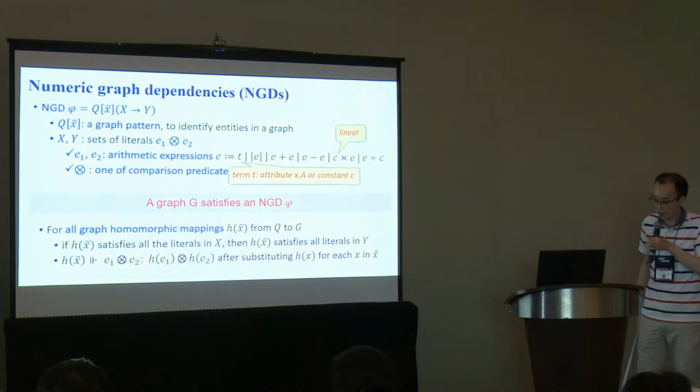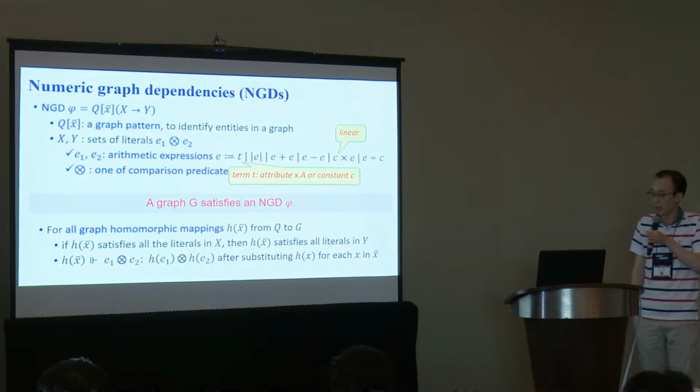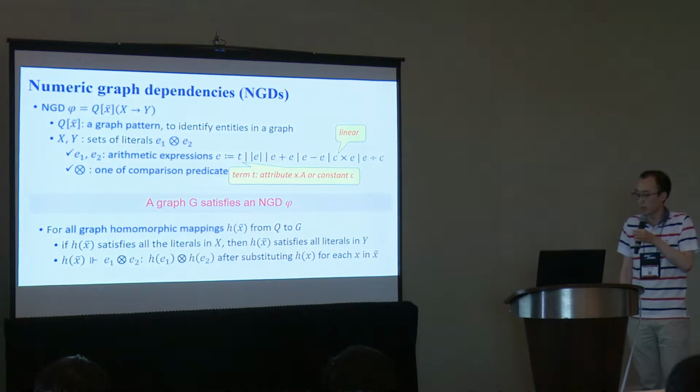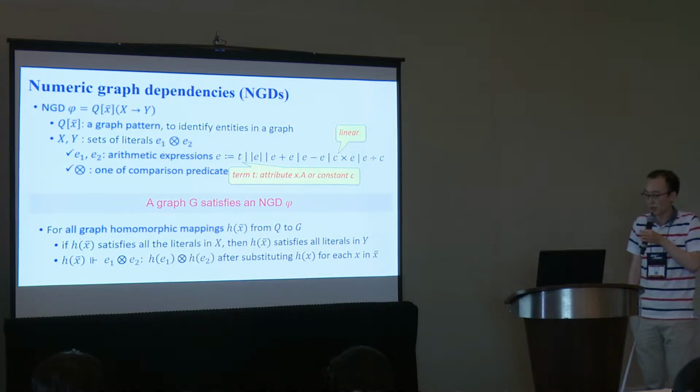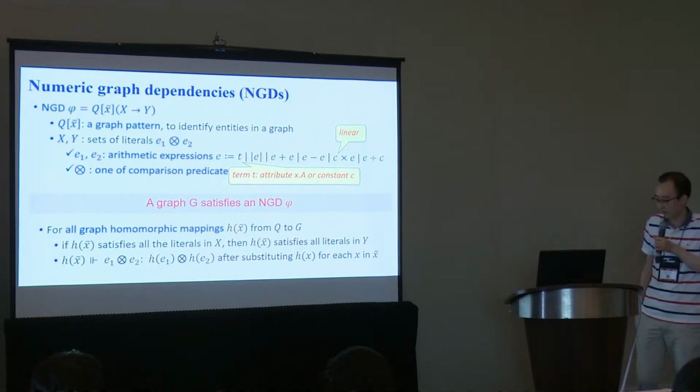For the semantics, we say a graph G satisfies an NGD if all the graph homomorphic mappings from the pattern Q to G that satisfy the literals in precondition X also satisfy the literals of Y. And standard semantics of arithmetic operations and comparisons are used to decide whether a mapping satisfies a literal after instantiation.